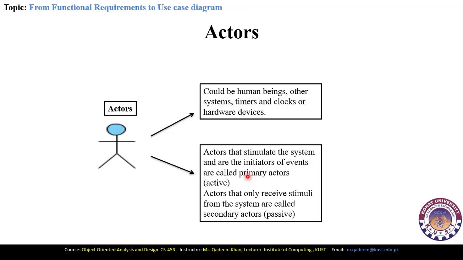An actor that can only receive certain stimuli from the system is called a secondary or passive actor. If certain users only receive events or stimuli from the system, then that actor is called the secondary or passive actor, because that actor doesn't perform any sort of input, it just receives the output.